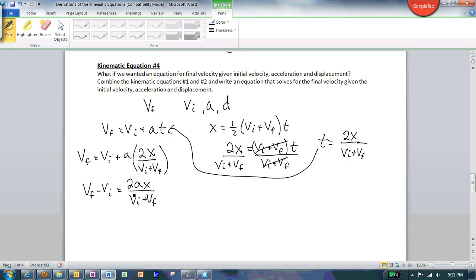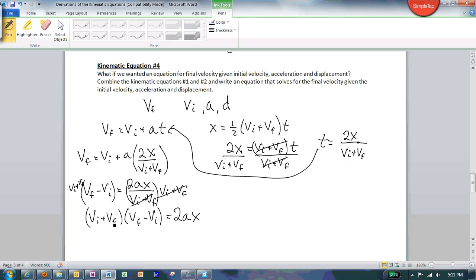Now I'm still trying to get v final, so I'm going to multiply each side by v initial plus v final. These cancel out, and I'm left with v initial plus v final times v final minus v initial equals 2ax.